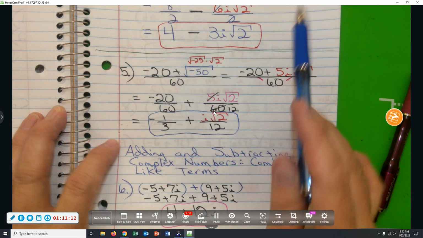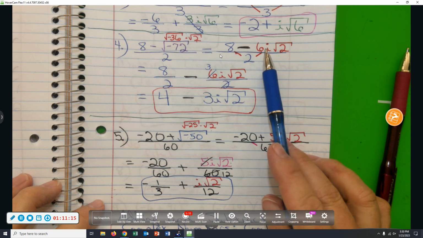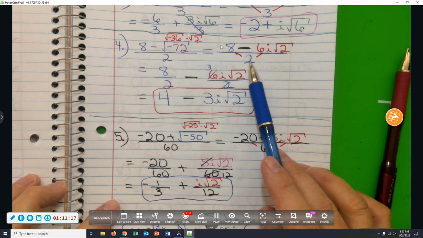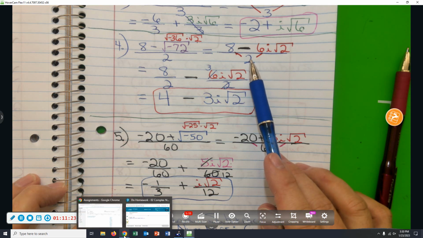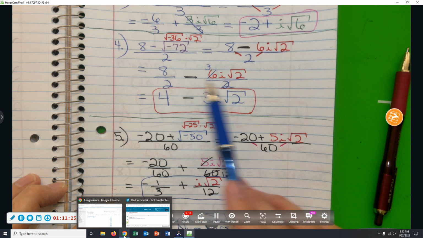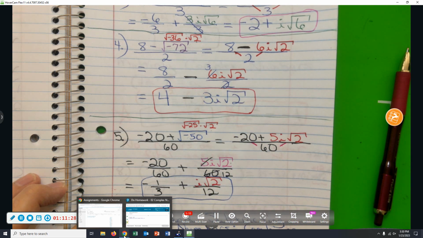We have the i, but the divisor, the denominator, is just an integer. If we don't have an i in the denominator, we know what to do. We split up and reduce the fractions individually.